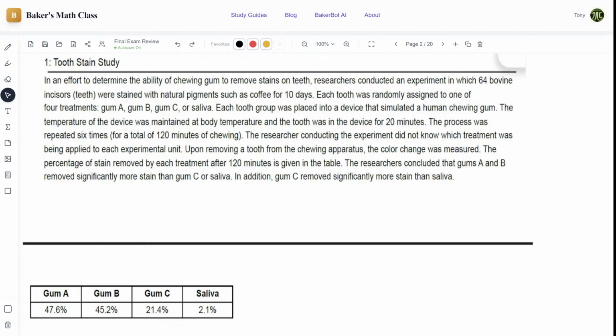What was the treatment? Remember, treatment is what they're doing. So what are they doing in this one?